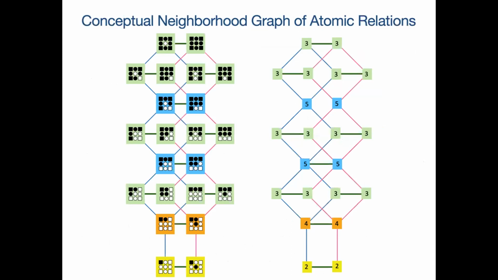With these 22 atomic relations, we introduced the conceptual neighborhood graph. This conceptual neighborhood graph is organized based on the relations, and it follows the intersections and unions. At minimum a relation has 2 connections, and at maximum a relation has 5 connections.